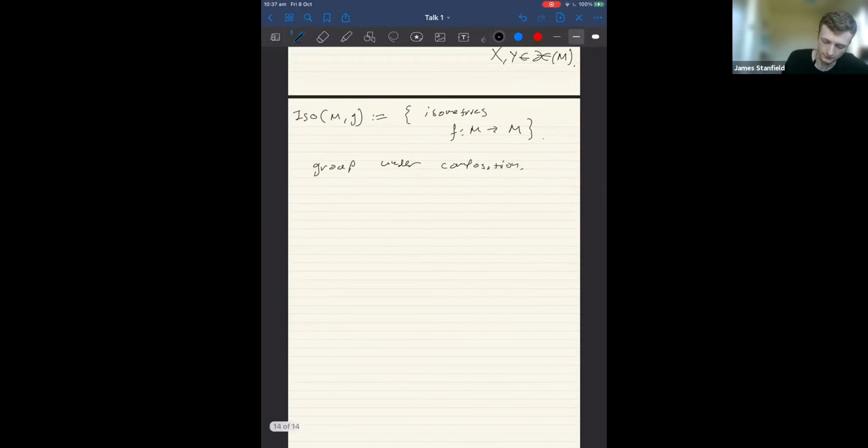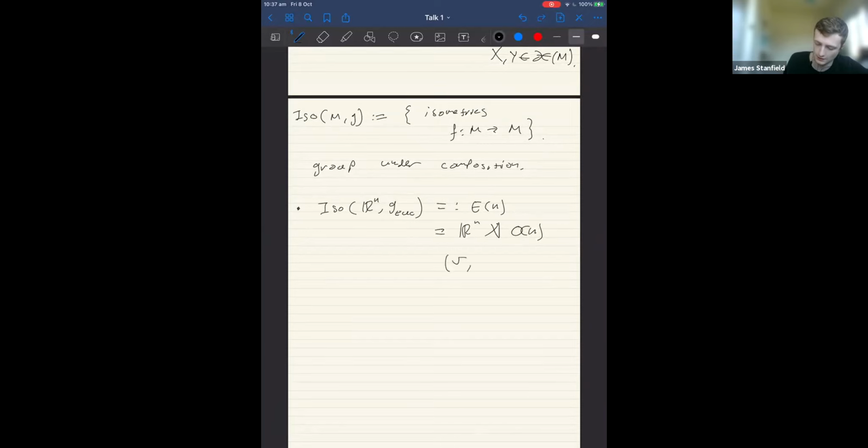So maybe just two examples, right? The isometries of just Rn with the Euclidean metric are what? Well, this is what we call E(n), the Euclidean group, which is just Rn semi-direct product with O(n). Okay, what do I mean by semi-direct product? I just take the usual product of a group, right?